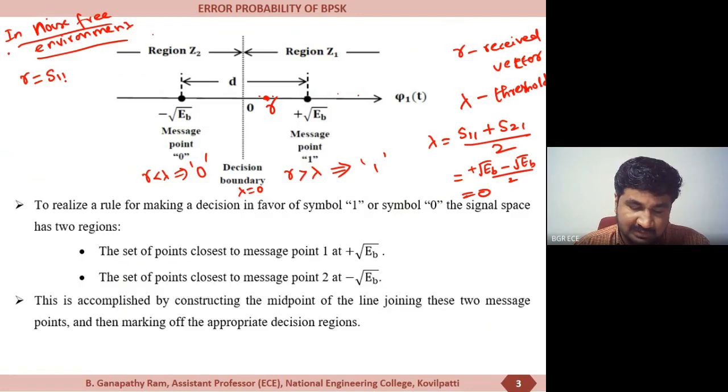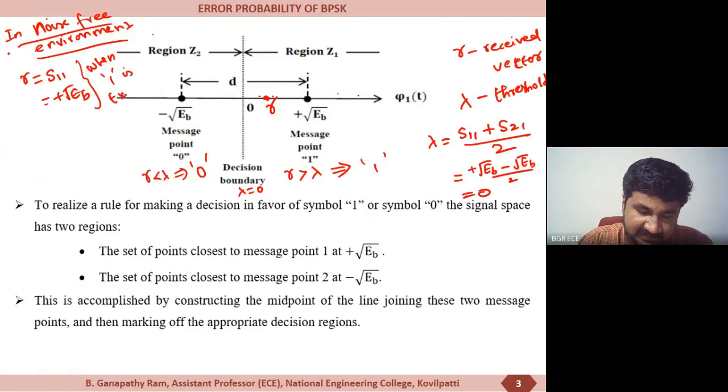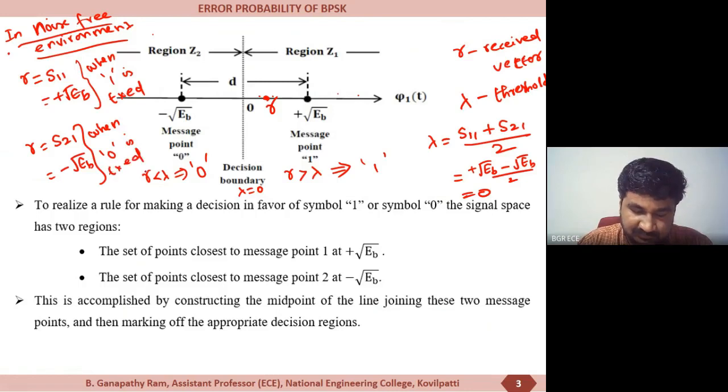So, R will be specifically plus root EB when 1 is transmitted. Similarly, R is equal to S21, that is minus square root EB, when 0 is transmitted. This is in the case of a noise-free environment.